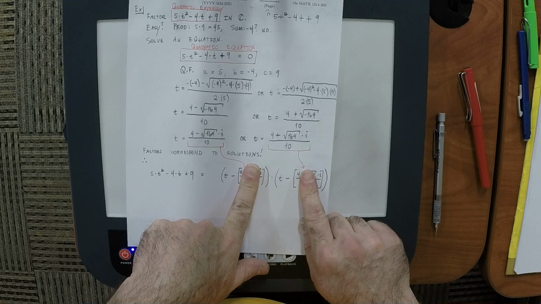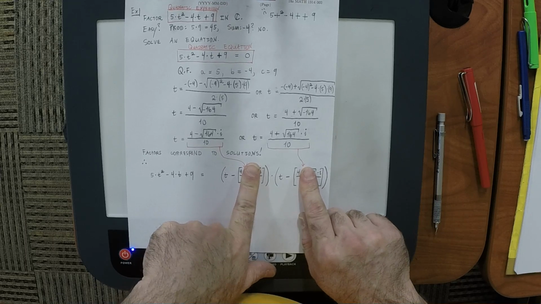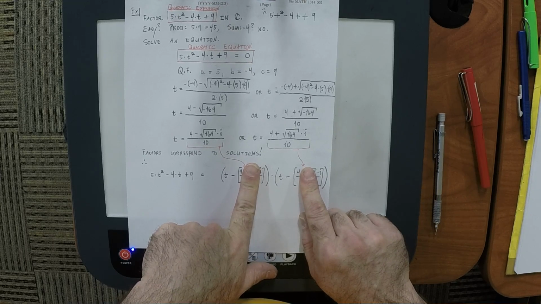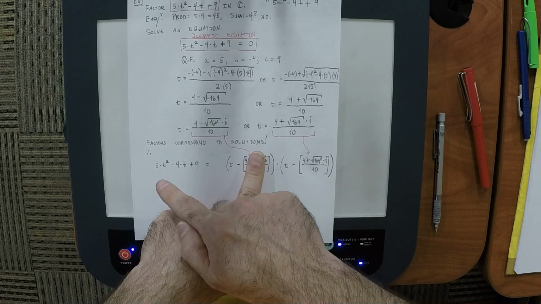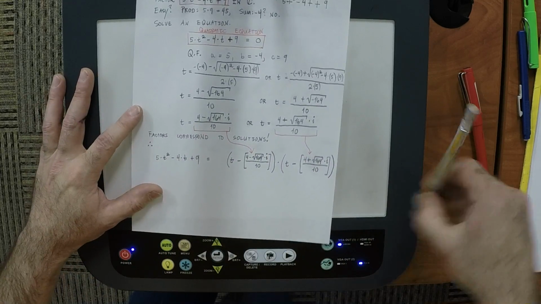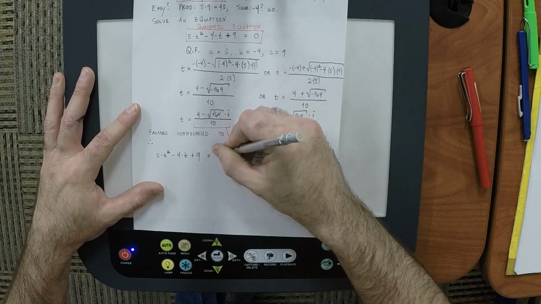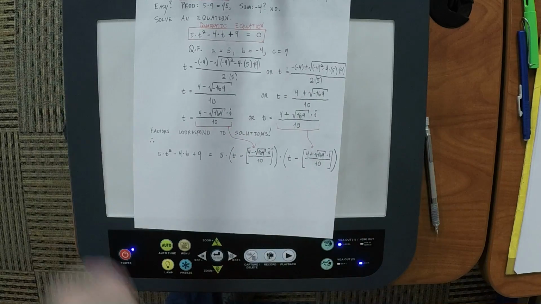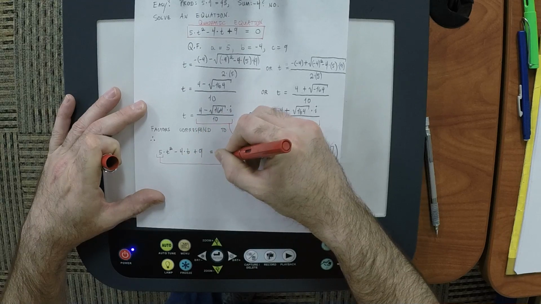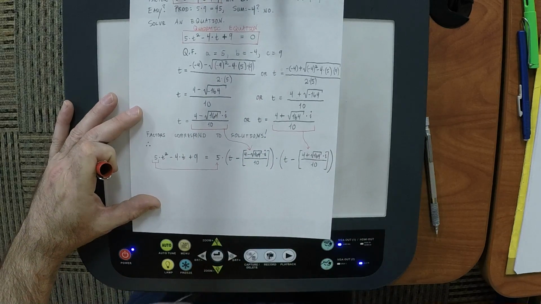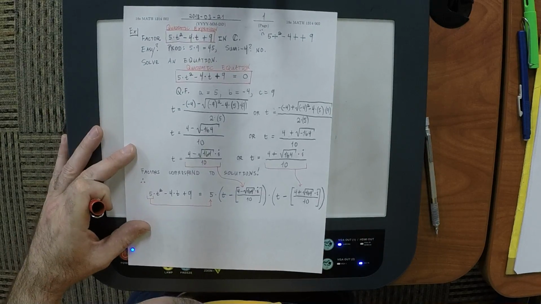If you were to do that as it's written, the F term would be t squared, which is to say 1 t squared. But we don't need 1 t squared, we need 5 t squared. So the answer is 5 multiplied by that. And that's what we did last time.